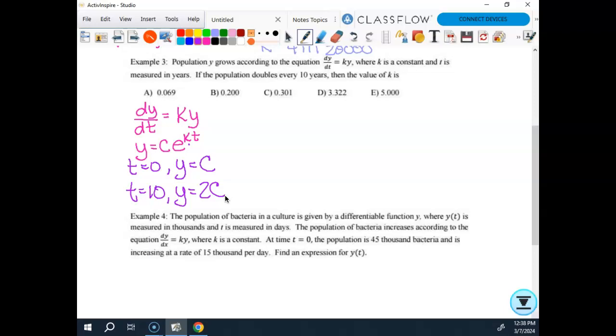So I have the y value, I have a t value, and I know what's happening up here, so I can substitute this stuff in. If my y value is 2 times c, that's equal to c times e to the k times 10 power. You agree with that?